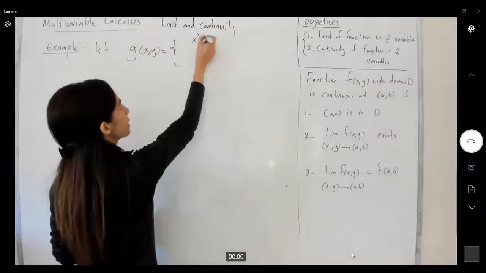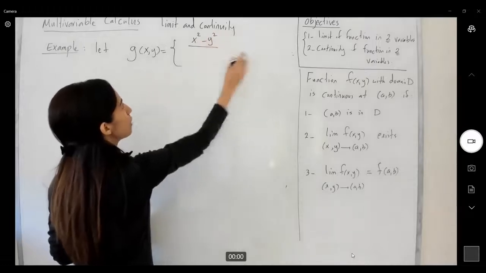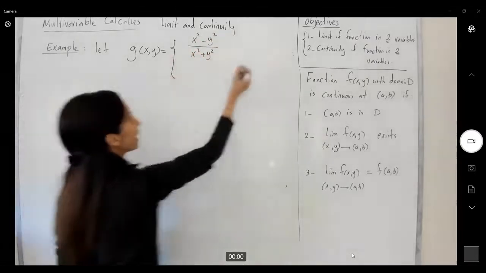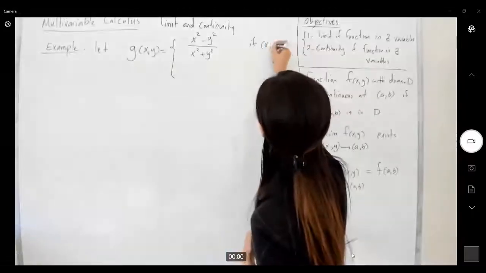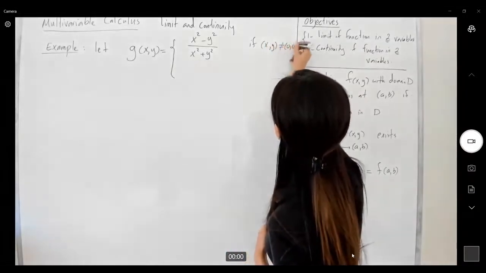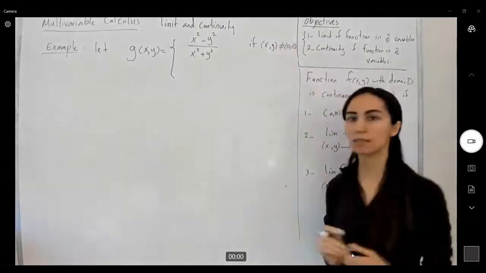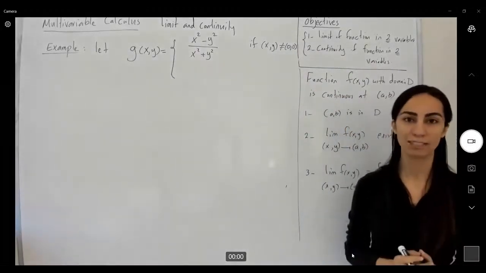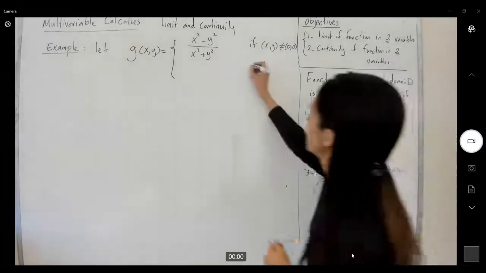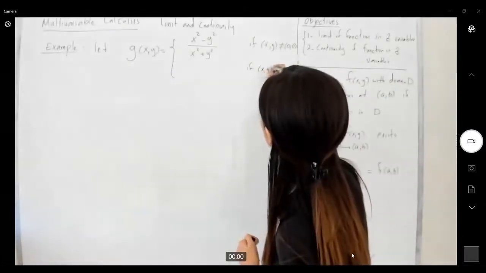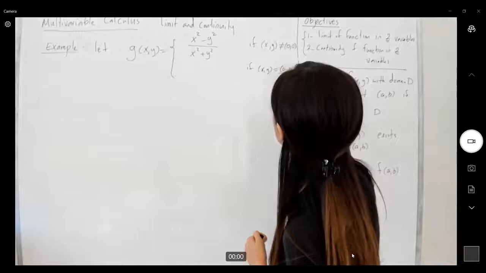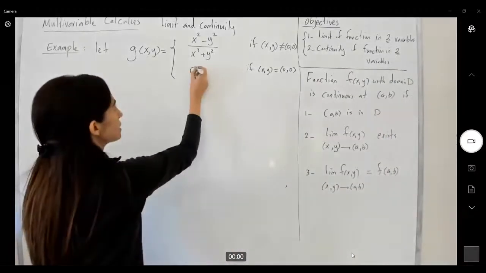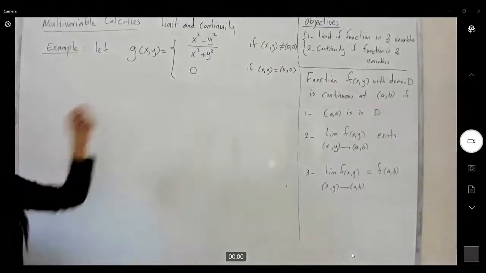The first piece is x squared minus y squared divided by x squared plus y squared, if x and y is not at the origin, 0 and 0. And you say that, okay, I'm going to define the function at 0 and 0. If x and y is equal to 0 and 0, I'm going to define the function to be 0. This is the z value that I'm defining my function with.